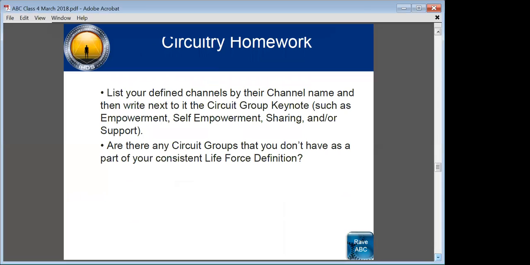So here we have an offer for you to list your defined channels, again, by the channel name. It's really a good exercise and practice to get into the names themselves. We often use kind of a shortcut and name the numbers of a channel, because it's easier for a person to find their number on the body graph.